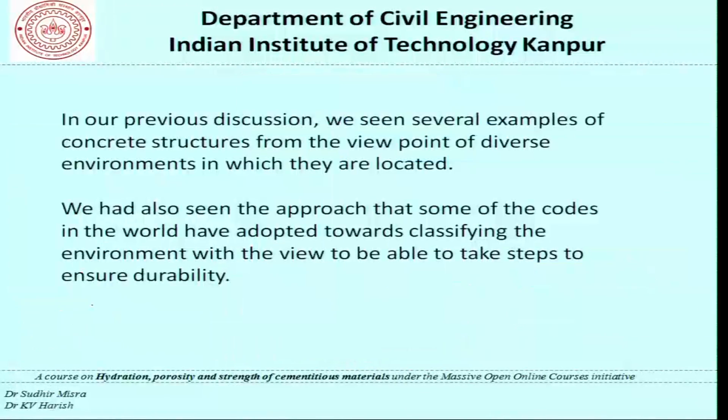Moving forward, let us summarize that in our previous discussion we saw several examples of concrete structures from the viewpoint of the diverse environments in which they are located. We saw bridges, tunnels, buildings, roads, runways and so on.